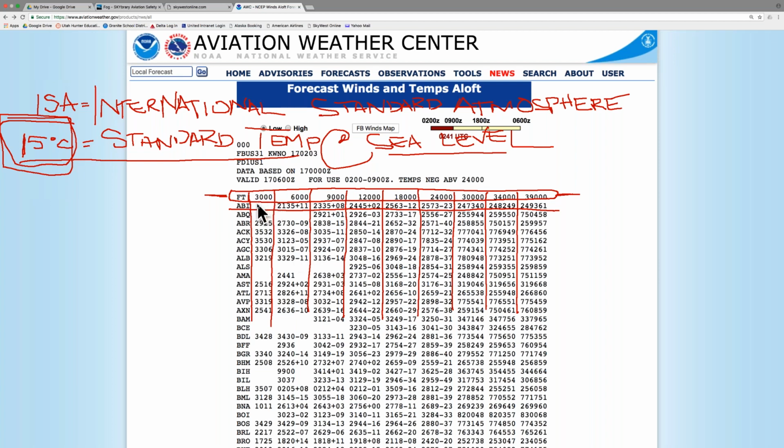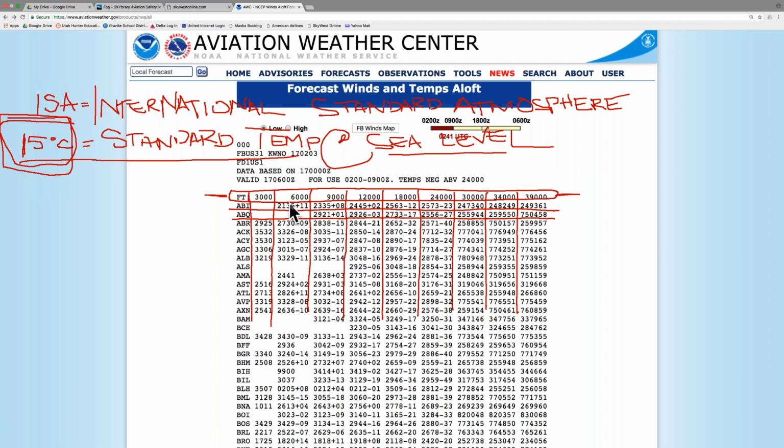The airport is at or above 3,000 feet, or it's so close to that 3,000 foot mark that the information would not be relevant. So Albuquerque, I don't know the elevation of the airport, but it's somewhere in the 4,000 to 5,000 foot range, I think. So they just leave out that 6,000 foot because you can get your winds and temperatures at the surface off of a METAR, basically. But as you can see, once we get to an altitude at which the winds and temperatures aloft would be relevant, the information is populated.